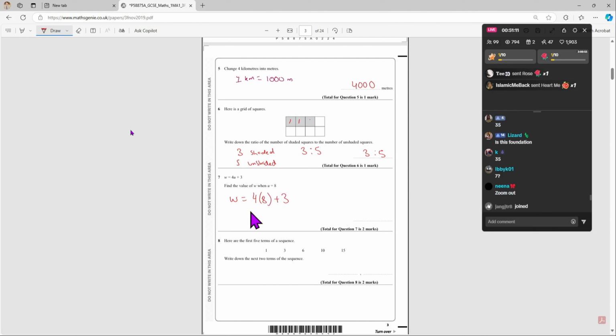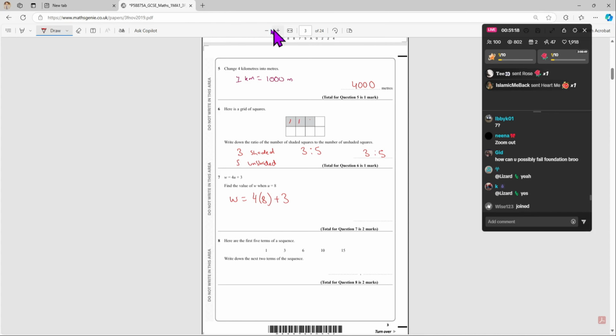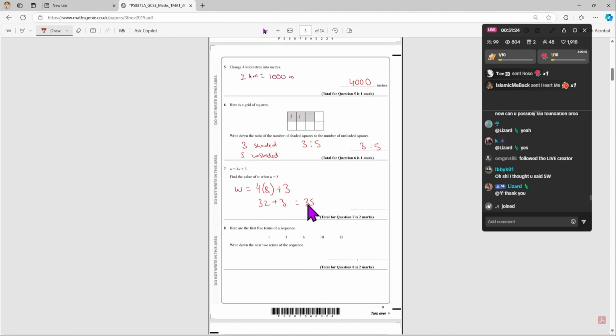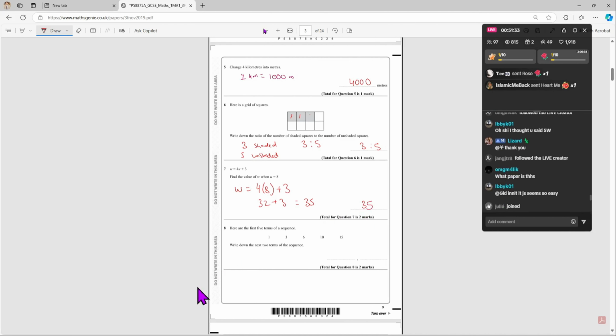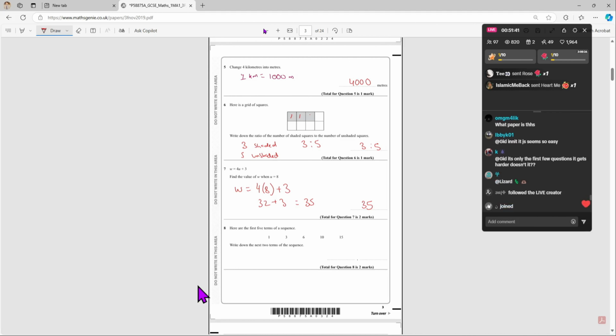What is 4 times 8? 4 times 8 is 32, and then 32 plus 3 is 35. So w is going to be 35, and that is going to be your answer, okay? Yes, guys, only like the first few questions, so it might be a bit easy.